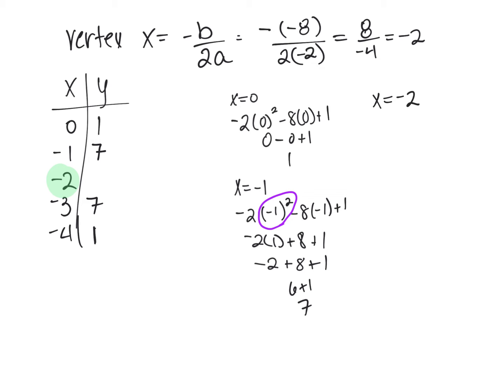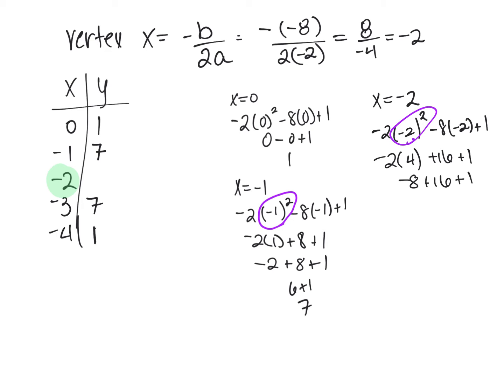And then plug in negative 2. You have to plug in an extra number. So negative 2 times negative 2 squared minus 8 times negative 2 plus 1, because that's negative 2x squared minus 8x plus 1. Again, the exponent comes first. So we get negative 2 times positive 4 plus 16 plus 1.